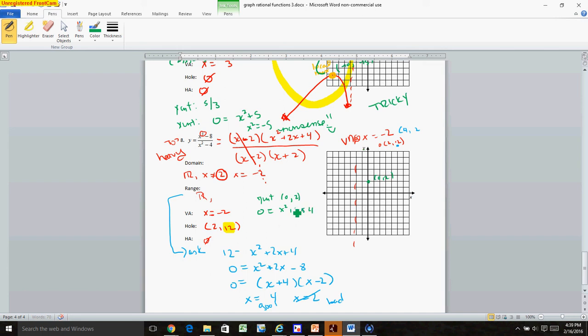Not only is it prime, you can do the discriminant, right, which is b squared minus 4 times a times c, which is minus 16, which is negative. So there is nothing that makes the numerator equal to 0, therefore there are no x-intercepts.